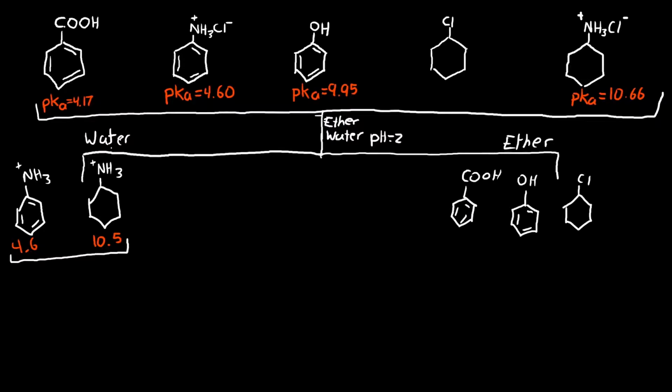Okay, so now if we look at the compounds on the left side, both are polar, and the only difference is the pKa. To get them separate, we have to change the pH of the water. So first we're going to add ether and water. If we change the pH of the water, we want one to be polar and one to be non-polar. So we change the pH to, let's say, 2. The two compounds will remain in their acidic form, so they'll remain charged, so that can't work.